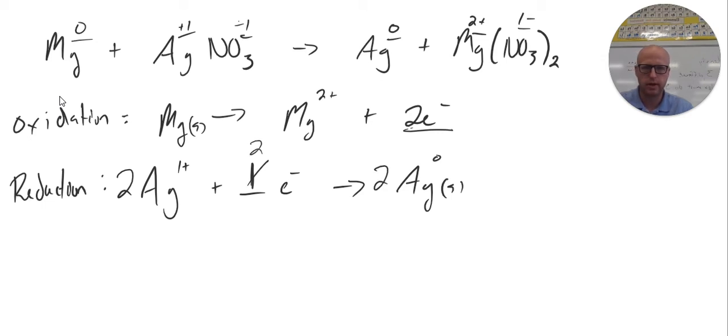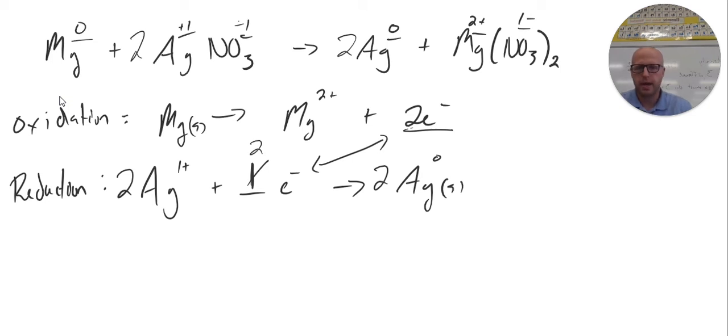I'll get 2 there. Now my moles of electrons are balanced, and my half reactions are balanced. So what you can do is you can take these coefficients up to the original reaction up here. So magnesium plus 2 moles of silver nitrate goes to 2 moles of silver plus 1 mole of magnesium nitrate.